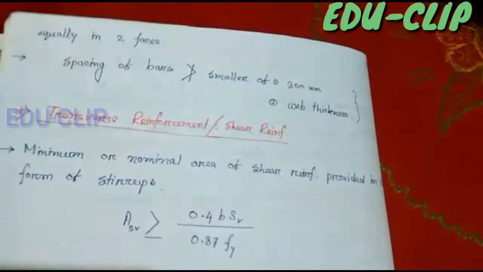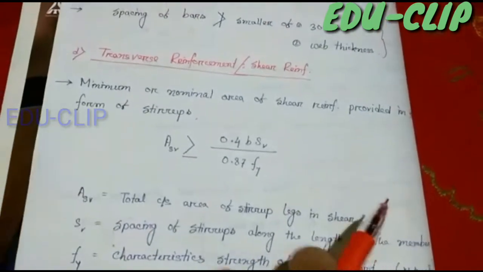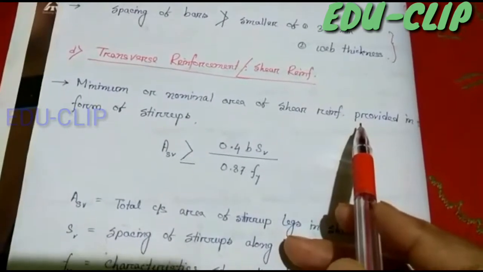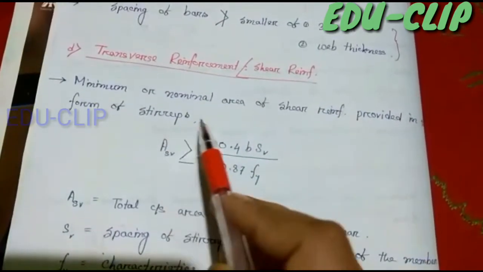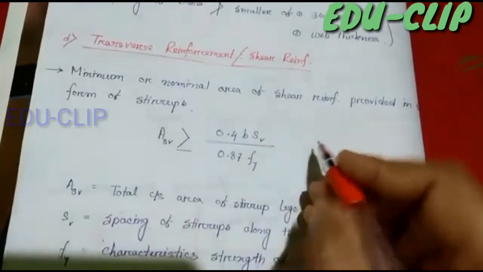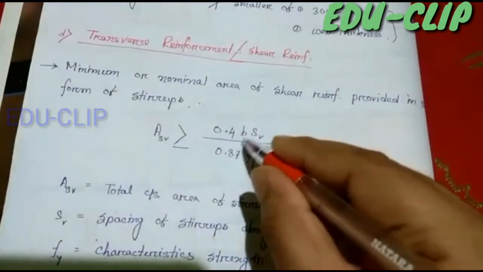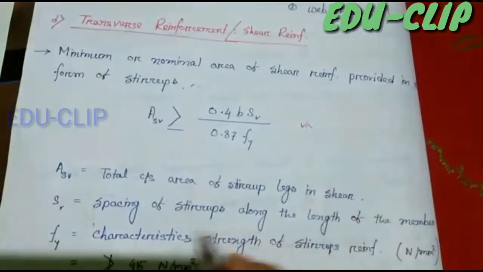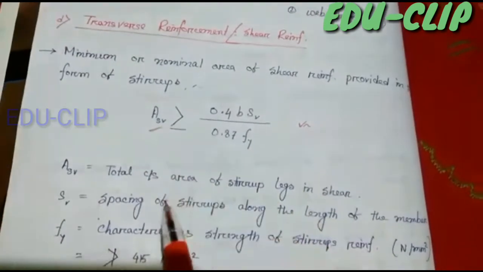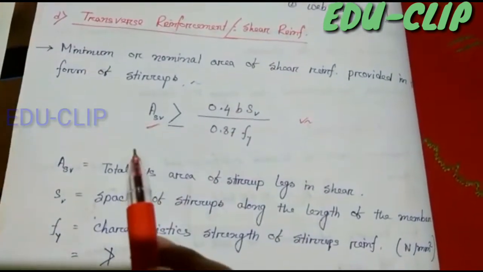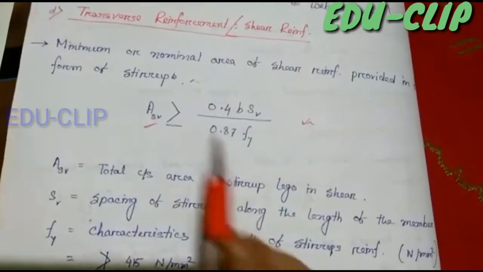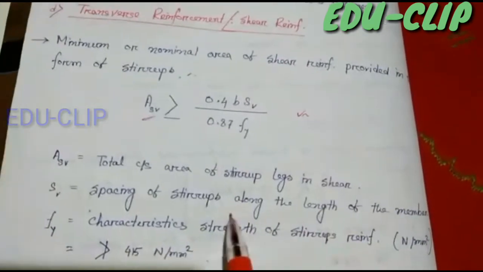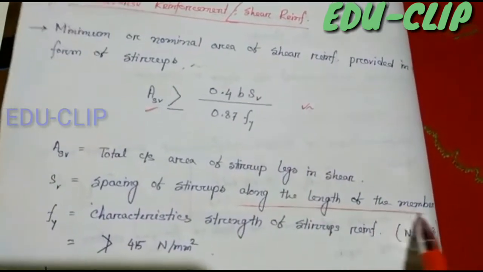So now transverse reinforcement or shear reinforcement. For shear reinforcement, the minimum or nominal area of shear reinforcement in the form of stirrups should be as per this value, that means Asv / (b sv) >= 0.4 / 0.87 fy, where Asv is the total cross-sectional area of the stirrup legs in shear, and sv is the spacing of the stirrups along the length of the member.